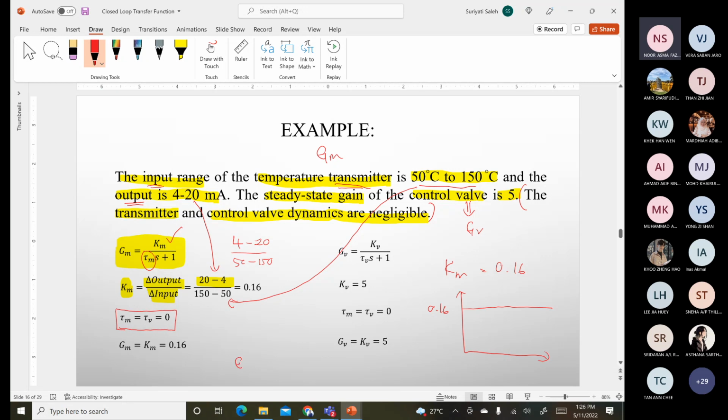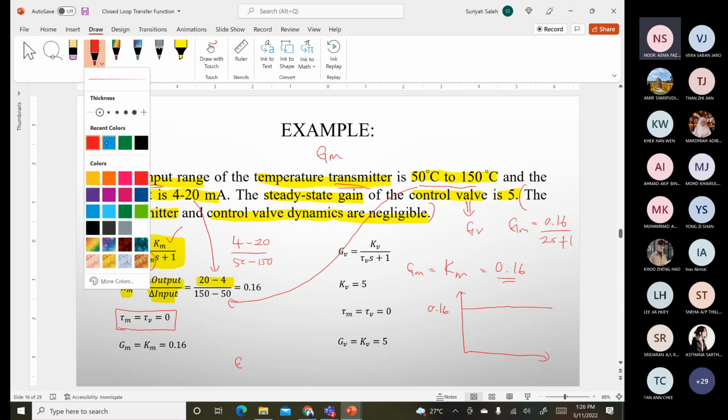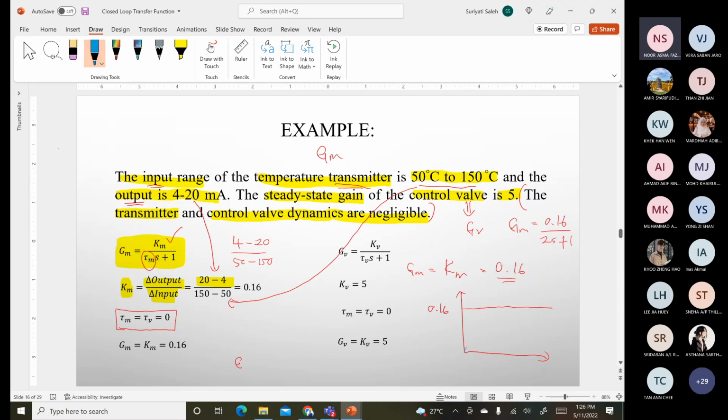If your Gm equals Km equals 0.16, when you have no dynamics and only the gain, then the graph will be a flat line at 0.16. If you have the first order, Gm equal to 0.16 over 2s plus 1, now you have tau equal to 2. This contributes to the following line. It will start from 0 and then reach 0.16.